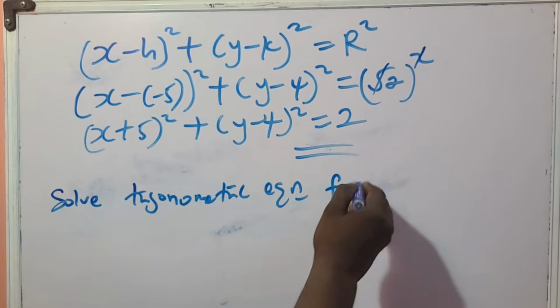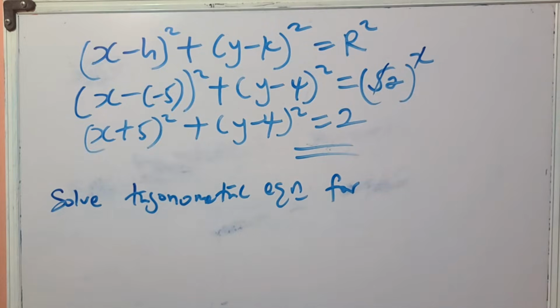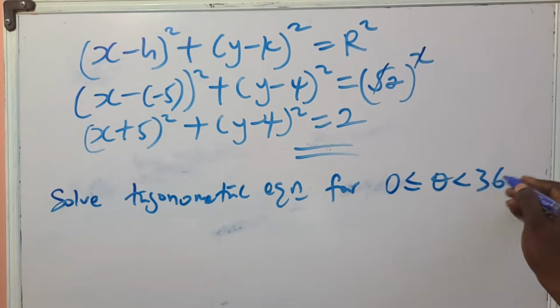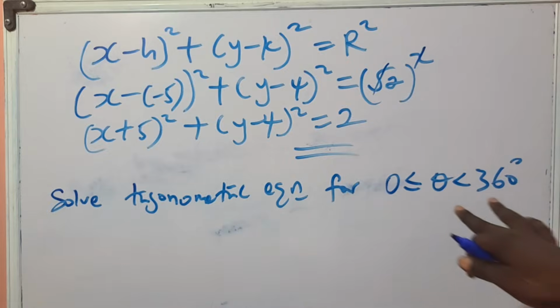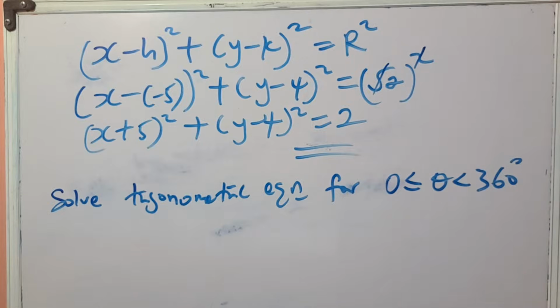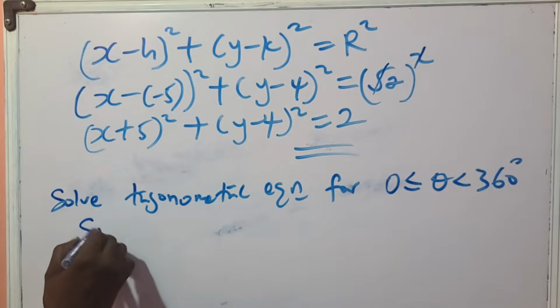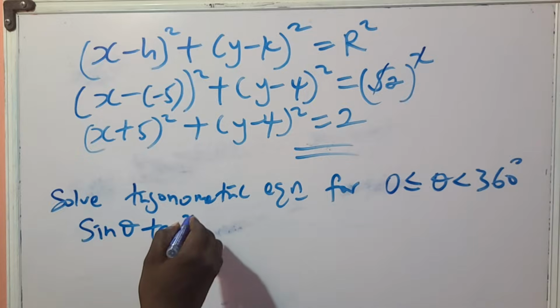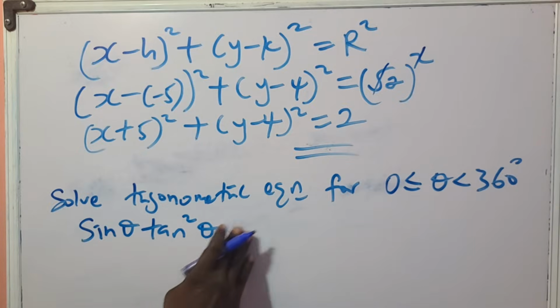Now, I needed to state this because always remember that when you have this given, you understand what it means. I remember teaching you angle of any magnitude. So this is vital. When you are given this expression, ensure that you use the understanding of angle of any magnitude. So this is the trigonometry equation you are told to solve. Your exam is coming soon. Please pay attention to every question we are solving.